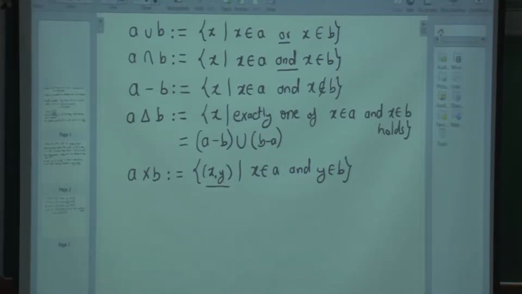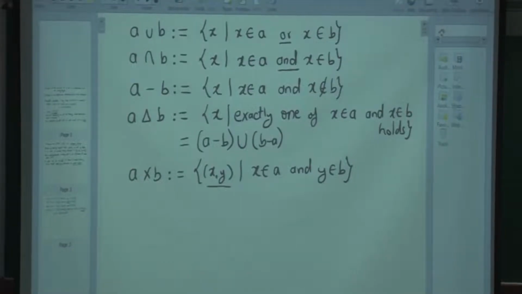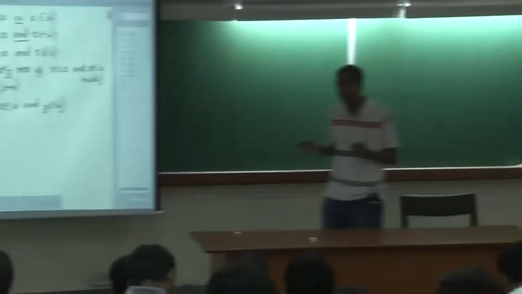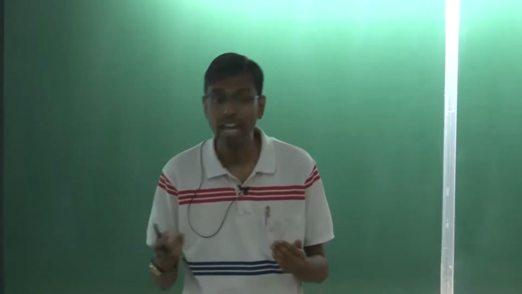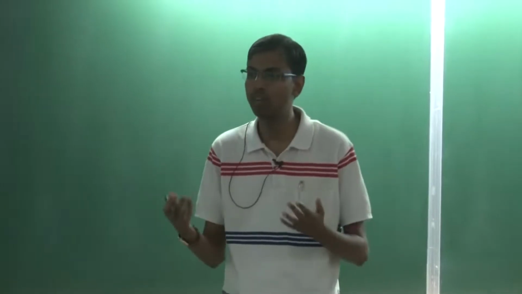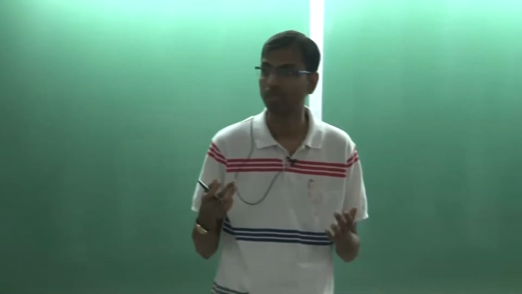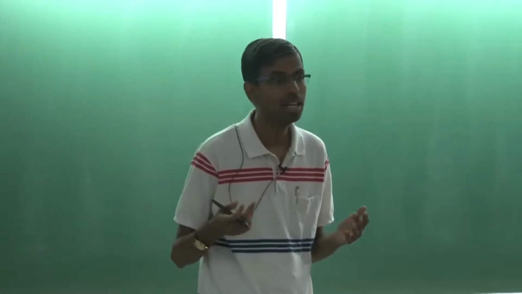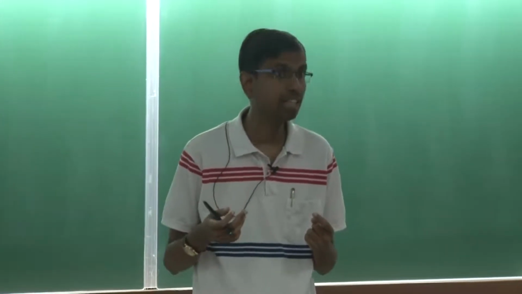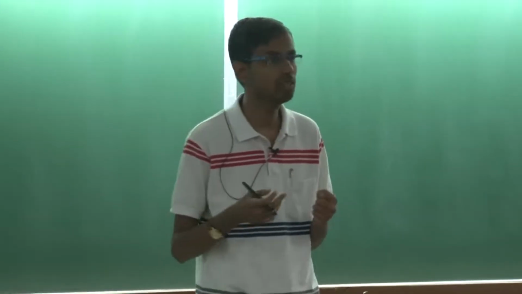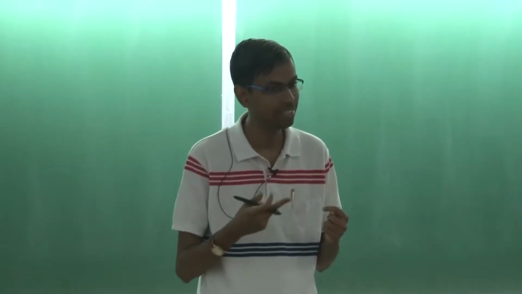So what is this symbol? Bracket x comma y. It is a point. What is a point? It is a tuple. Okay, what kind of tuple? It's a connection between two elements of two different sets. What kind of connection?